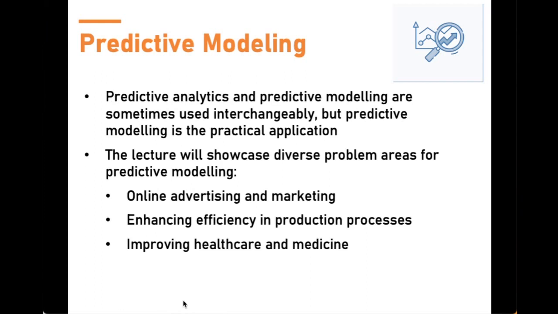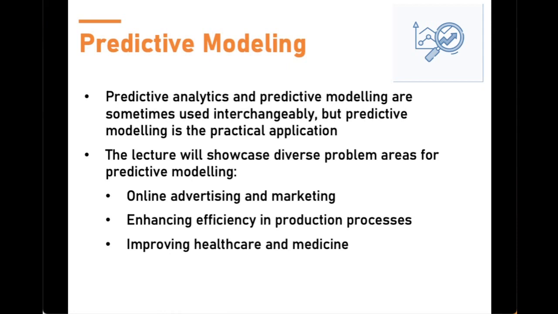Just a note here that sometimes the terms predictive analytics and predictive modeling are used interchangeably. However, predictive modeling can be understood as the hands-on part of analytical applications.